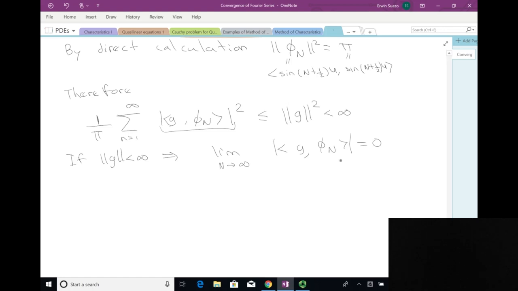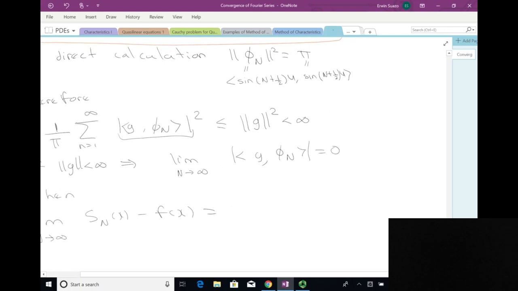Since this has to go to 0, then the limit as n goes to infinity of S_n(x) minus f(x) equals the limit as n goes to infinity of the inner product of G with phi n, which goes to 0.